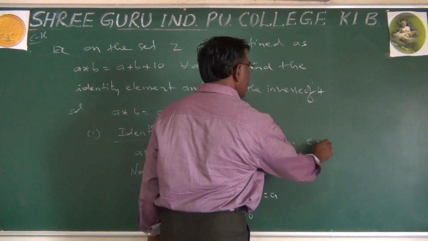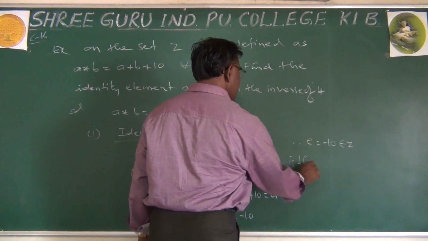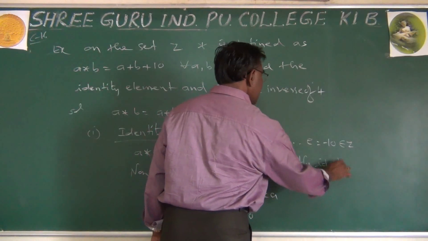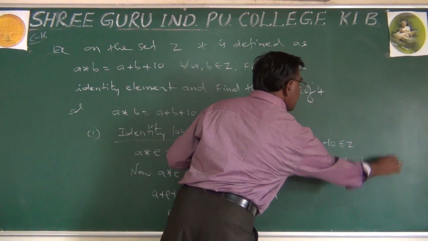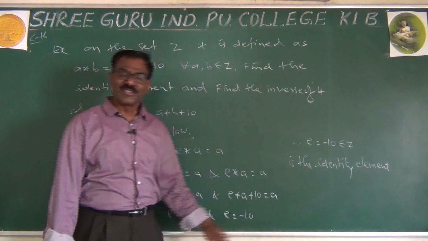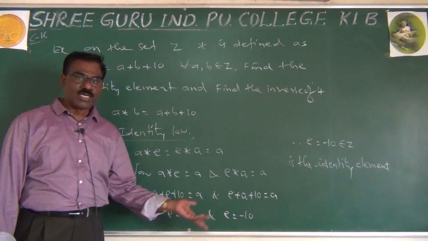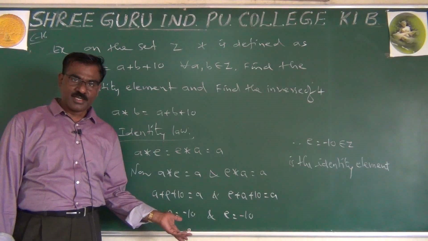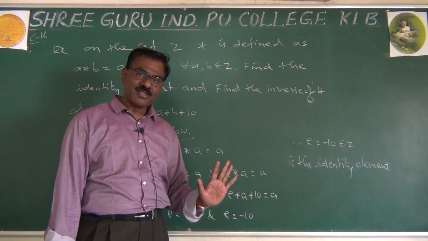Therefore, E equal to minus 10, which belongs to Z, is the identity element on Z. Both cases give E equal to minus 10, and this number must belong to Z.